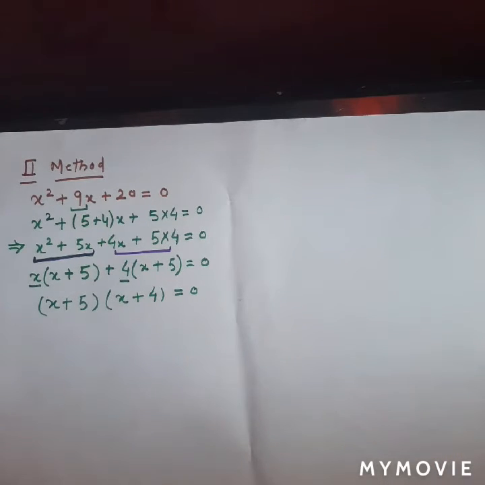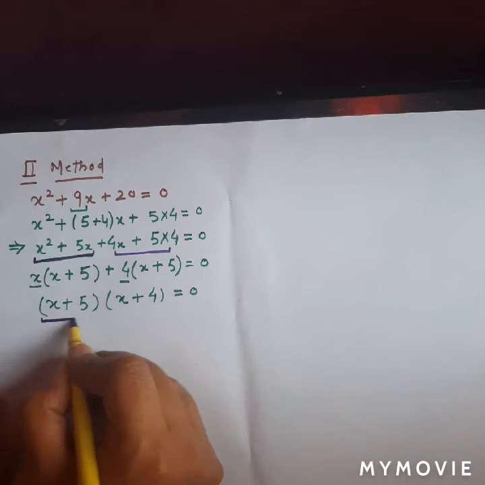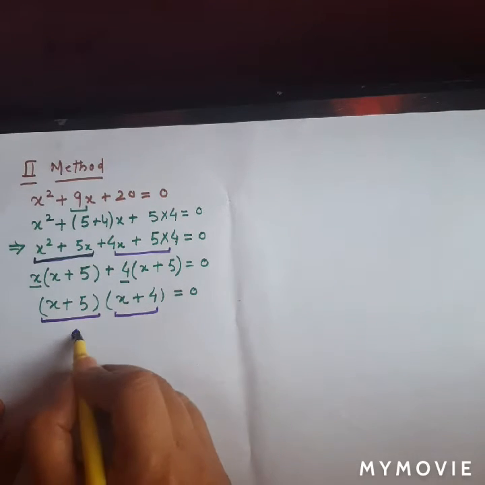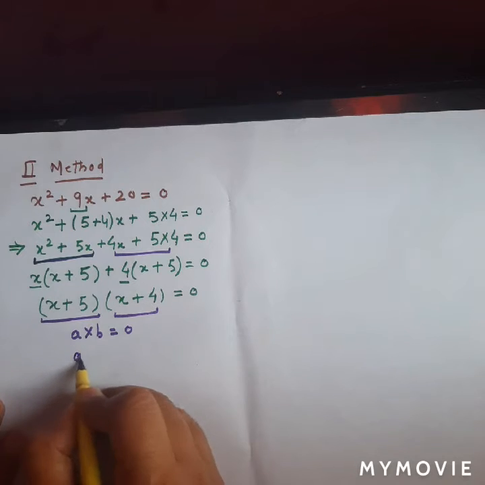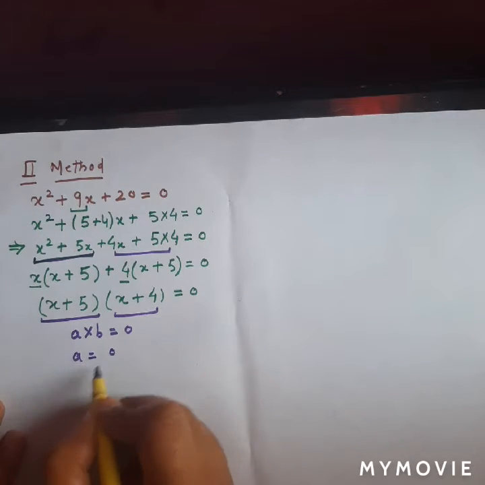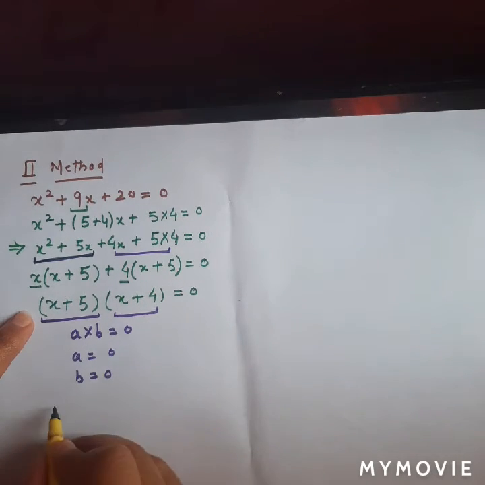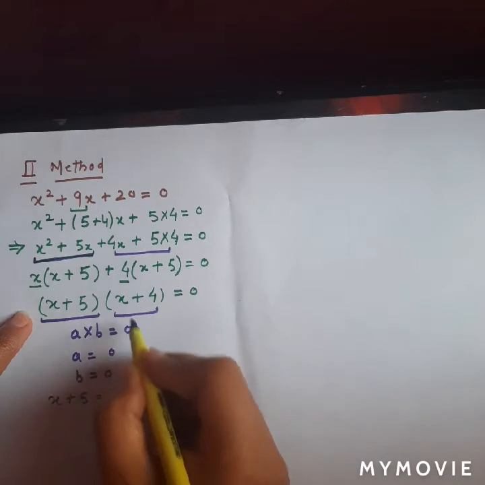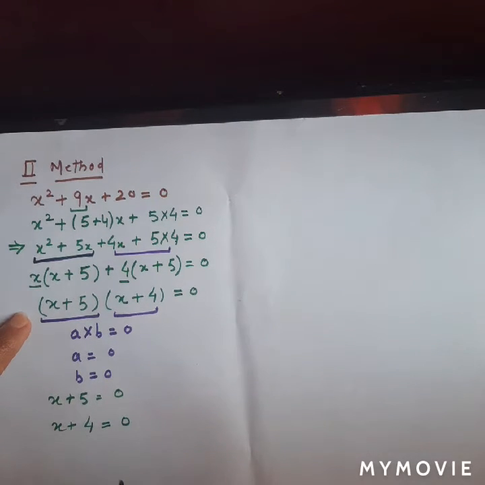Now we have made this expression a product of two numbers. Let a into b be equal to 0, which happens when either a equal to 0 or b equal to 0. So either x plus 5 equal to 0, or x plus 4 equal to 0.